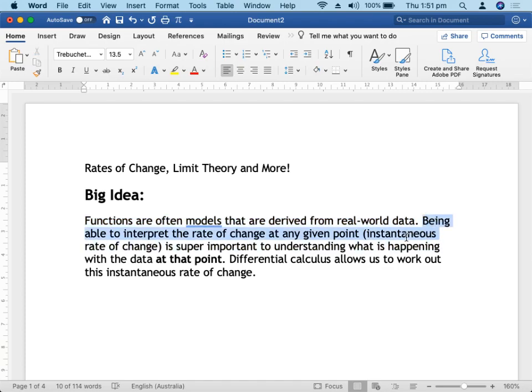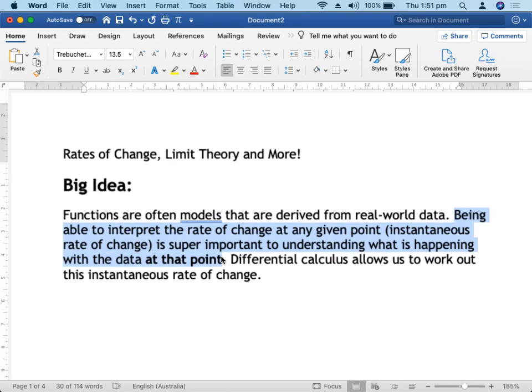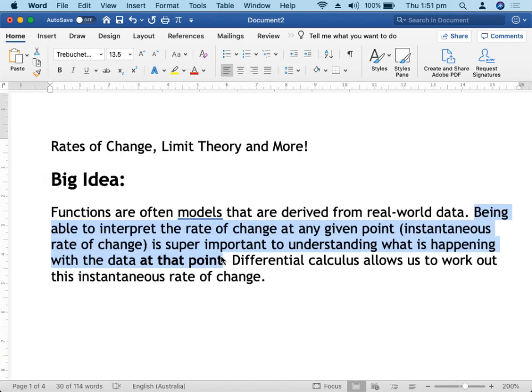Now, one of the critical pieces of information about a function, about a model of real world data, is the rate of change. That is, how one set of data is changing with respect to the other set of data. If you're looking at distance traveled against the time taken for that distance to be traveled, which is a mouthful, we just simply say velocity.